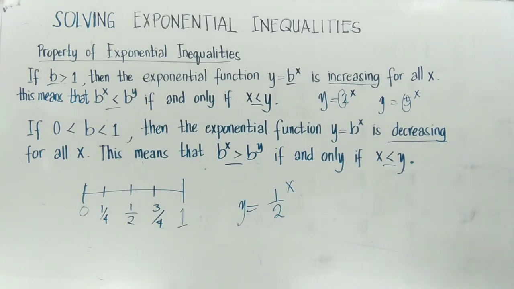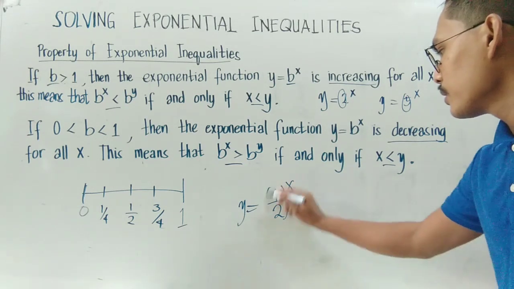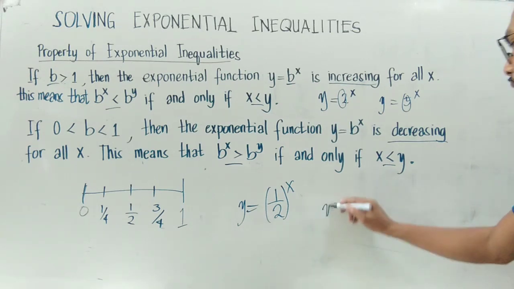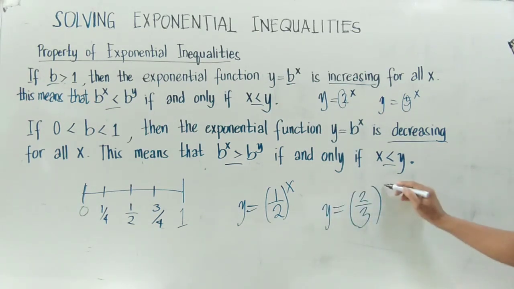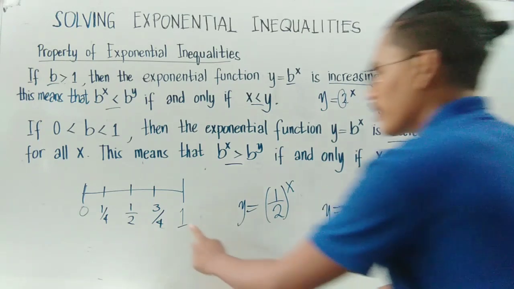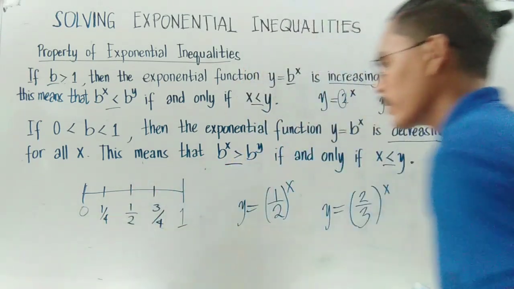So we have y equals (1/2) raised to x, or it can be y equals (2/3) raised to x, as long as the fraction is less than 1 but greater than 0.